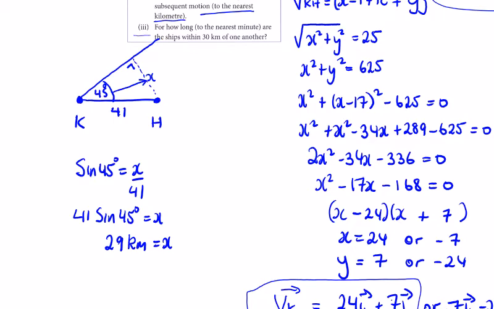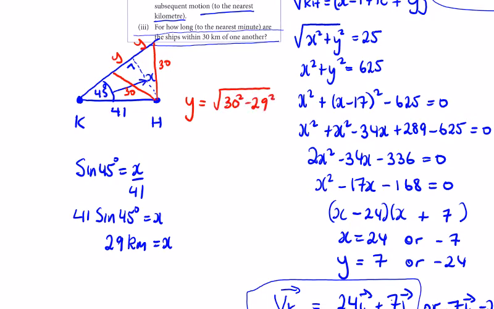And for part 3, how long to the nearest minute are they within 30 kilometers of each other? Okay, well, let's do a new diagram for that. I can add to this diagram. So if they're within 30, that's 30 and that's 30. So we have the hypotenuse being 30, and we have x being 29. We'll call this one y and this one y. To find y is the square root of the hypotenuse squared minus the straight side squared, which is 29.